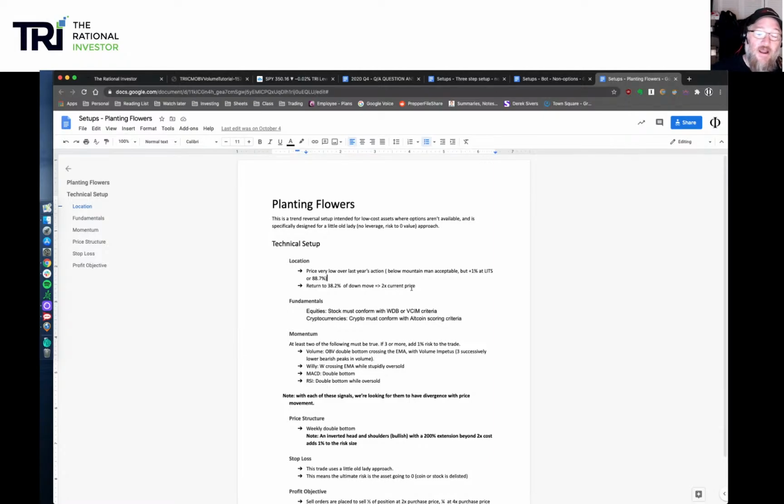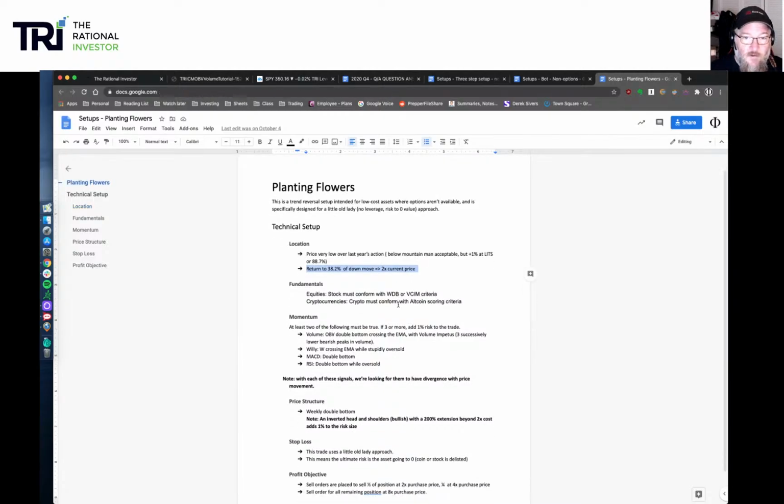But I stop adding a percentage of risk if we go beyond the full range, right? If we're in all-time new lows, I won't add a percentage of risk for the location, but I'll move ahead with it. What I'm looking for is that a return to a 38.2, so a retest of that first stop, represents a doubling in price. That's what I'm looking for in terms of location most adamantly, right?